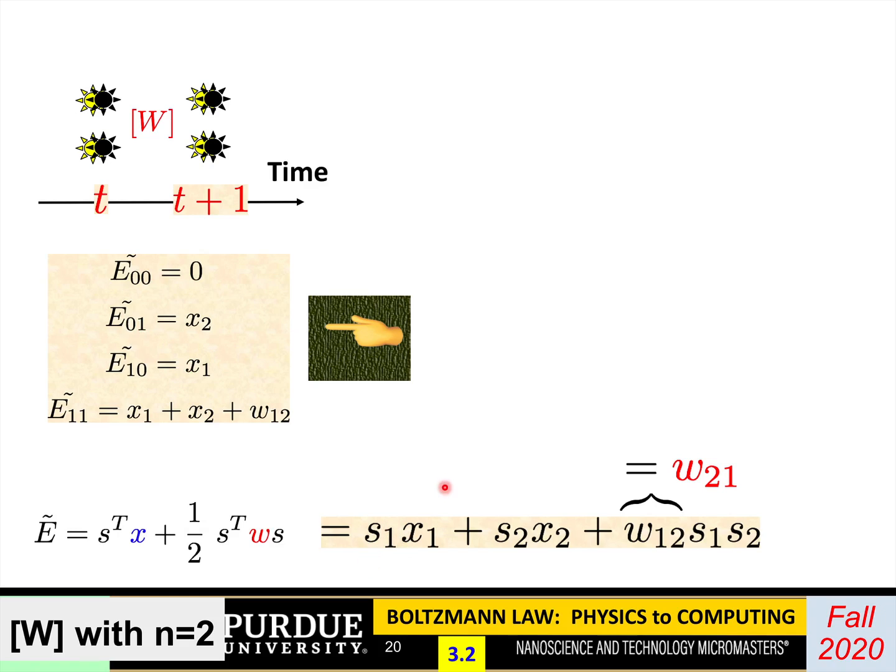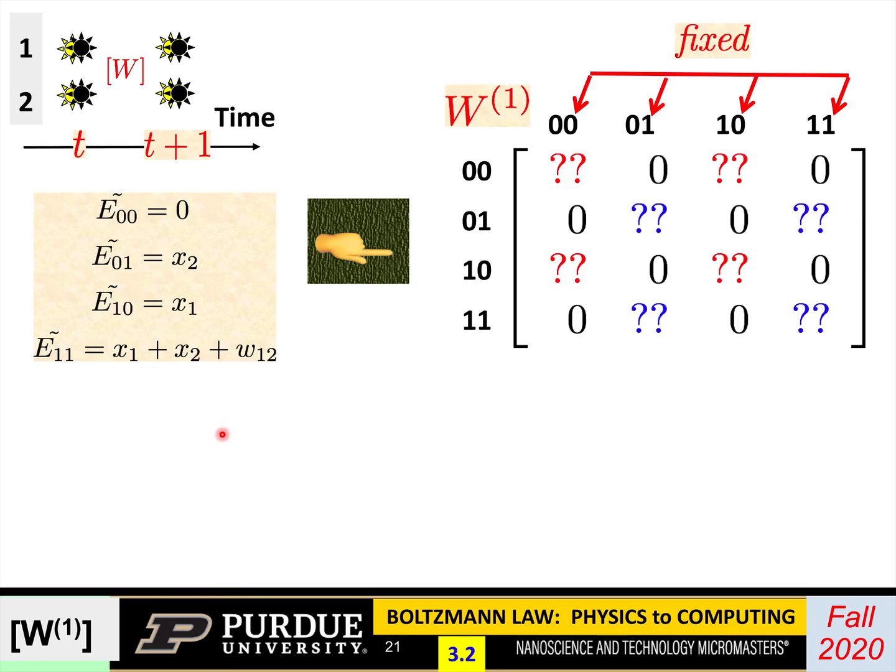Well, S1 is 0, so this term goes out. S2 is 1, so I pick up an x2. S1 S2 is 0, so I don't get anything there. So I get x2. Similarly, E10 gives me x1. And E11, that's when all 3 terms contribute. So you have x1 plus x2 plus W12. So those are the energies.